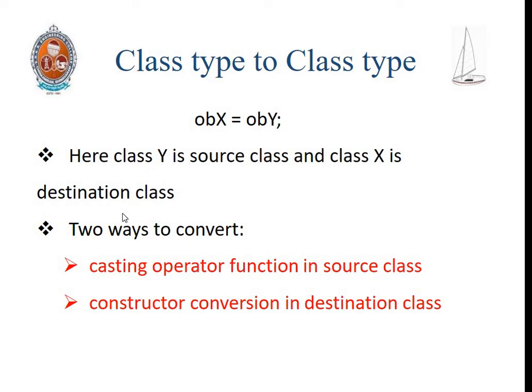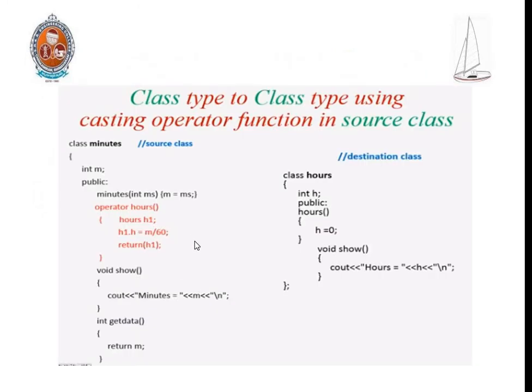There are two ways to convert class type to class type. One is using a casting operator function in the source class and another is using constructor conversion in the destination class.